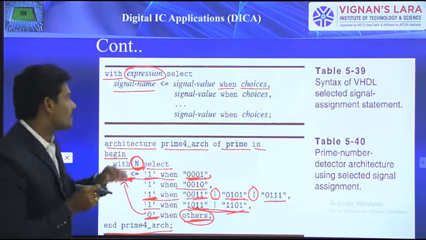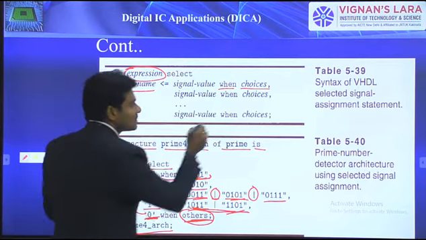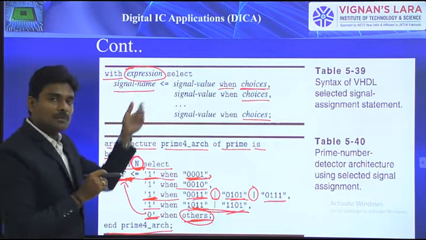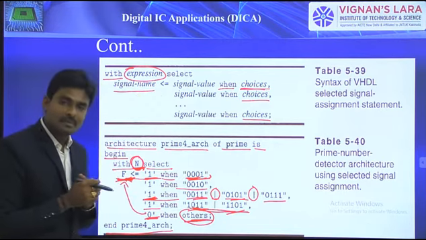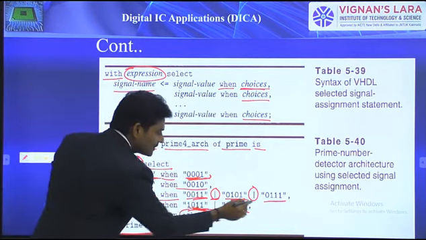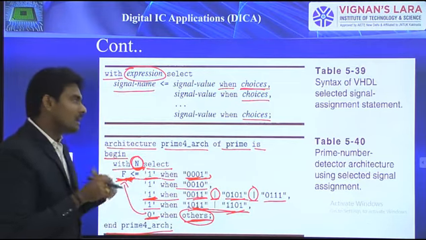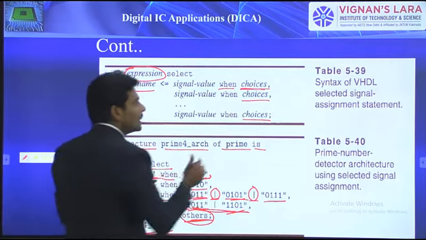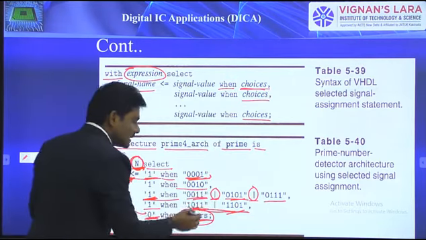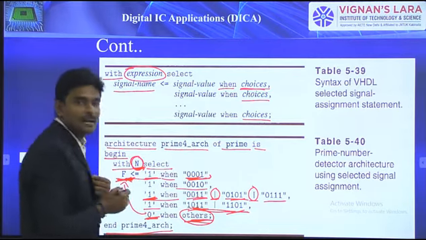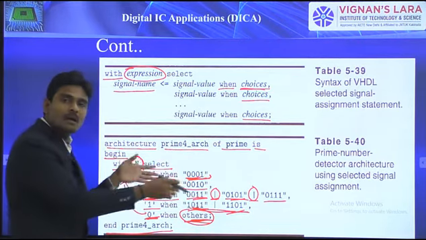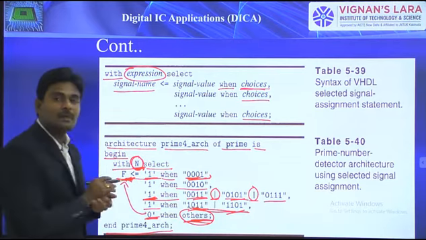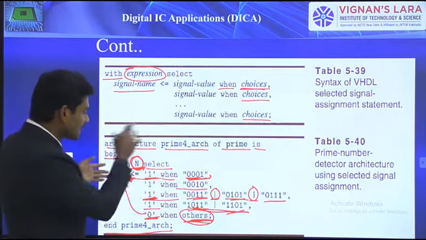The important points to remember while writing choices: multiple choices can be represented at a time in a single statement by separating them with a vertical bar, where the operation is the or operation. Next, in the last choice you can describe others. Whatever input options we didn't cover must be covered in that others itself, which simplifies it.